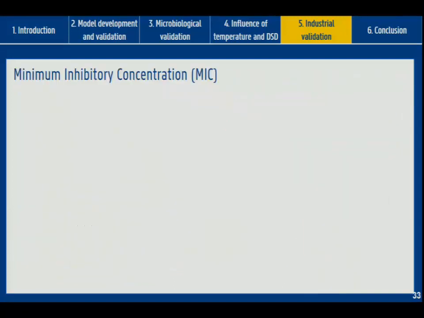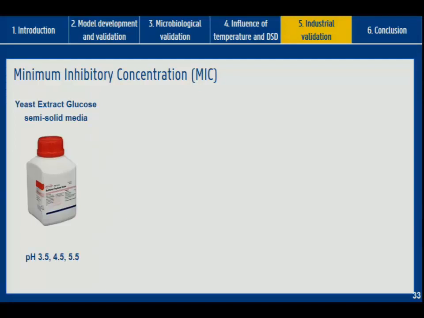How did we experimentally determine the minimum inhibitory concentration, or in the jargon known as MIC? So first we used a semi-solid media. Why a semi-solid media? Because we wanted to mimic the structure of the emulsion. We buffered this media at pH 3.5, 4.5, and 5.5. Then we added some sorbic acid inside it in the range of 0 to 2,000 milligrams per kilogram.